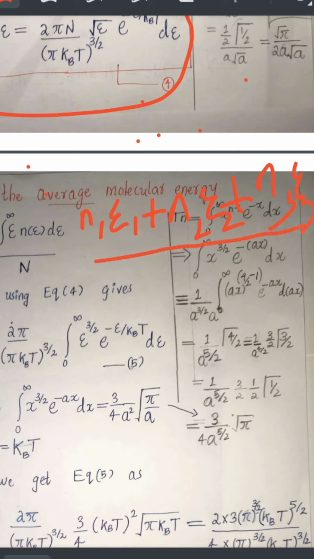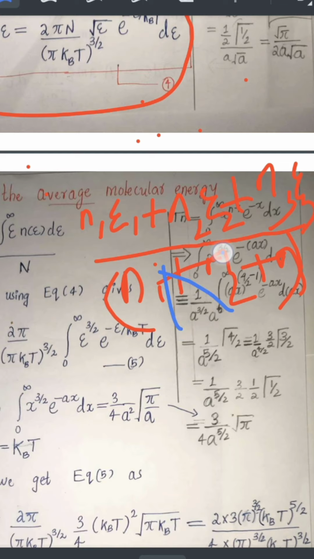How can we find the average energy? We can find it by summing the total energy. N1 number of particles have E1 energy, N2 have E2 energy, and N3 have E3 energy, so this is the total energy. Total energy divided by total number of particles, that is N1 plus N2 plus N3, which is actually N. So this gives the average energy.